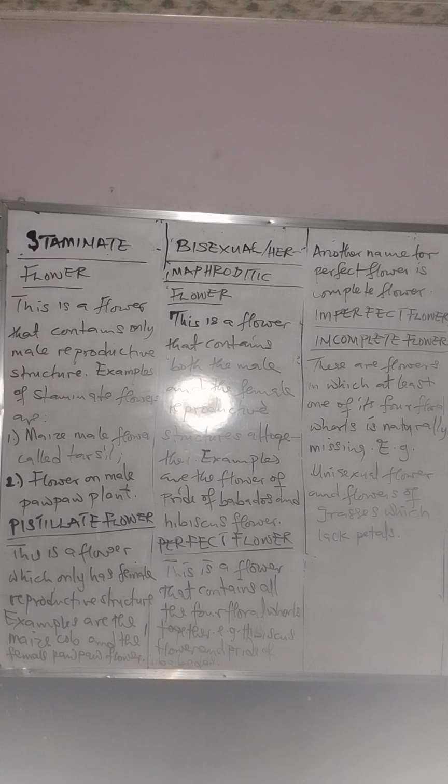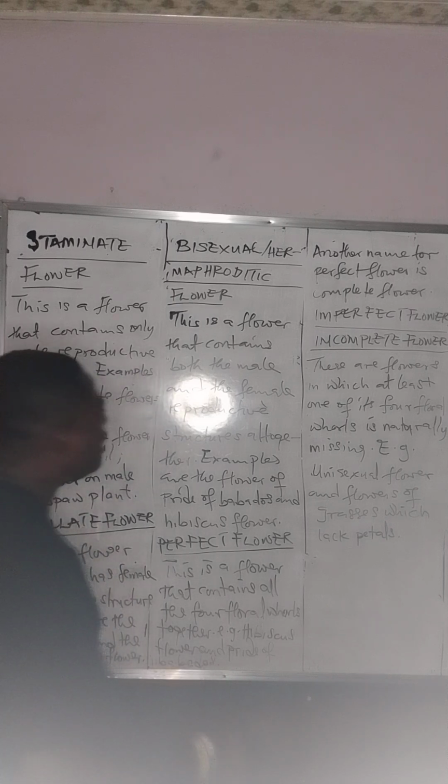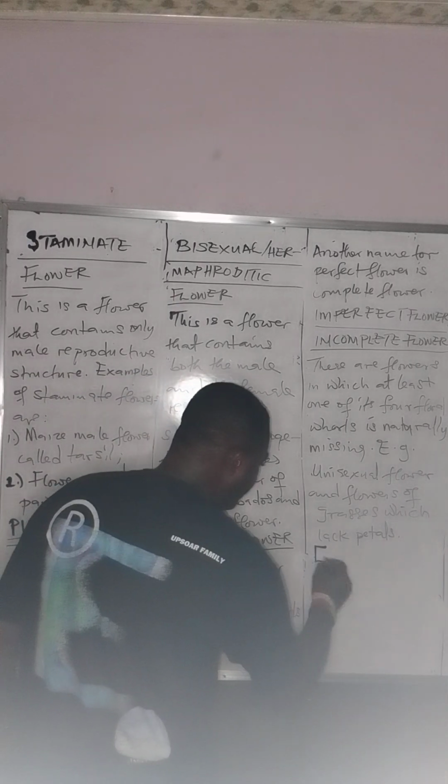But in the case of unisexual flowers, they either have stamen and calyx, or they have carpel and they don't have stamen. So that makes them what? Incomplete flowers.